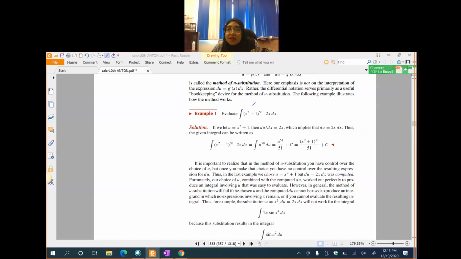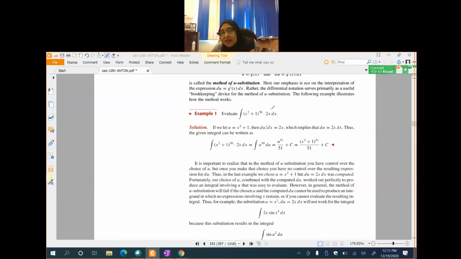Okay, you differentiate the function, and the aim of it is to cancel out with the original function under the integration sign. Okay, so for this one, x squared plus 1, you know that if you differentiate this, you will get 2x. And obviously the 2x you can cancel out with the existing function under the integration sign.